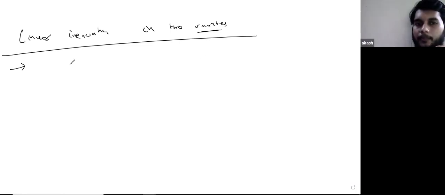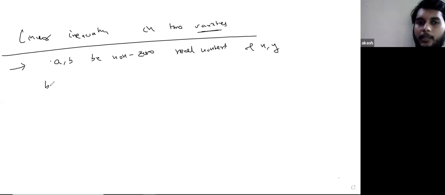See, very simply, how do we write the statements? We need these most necessary conditions. We say a and b are non-zero real numbers and x, y are variables.